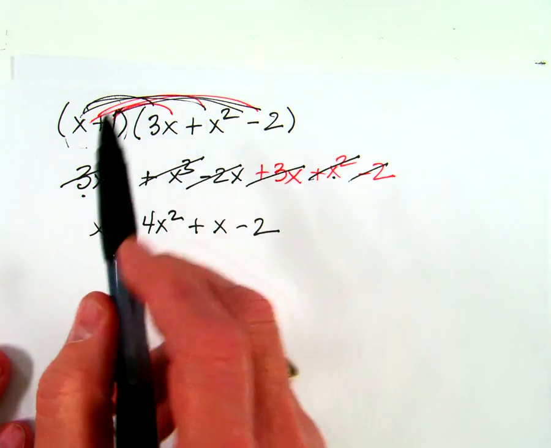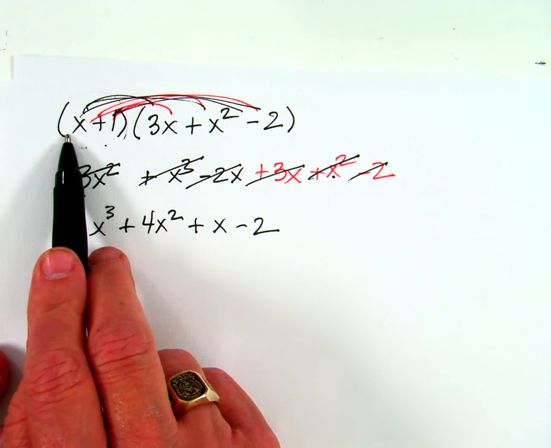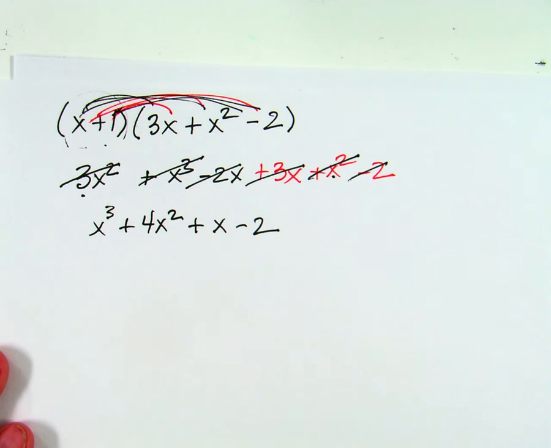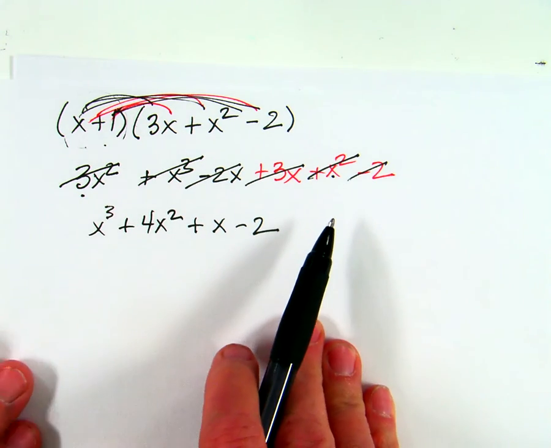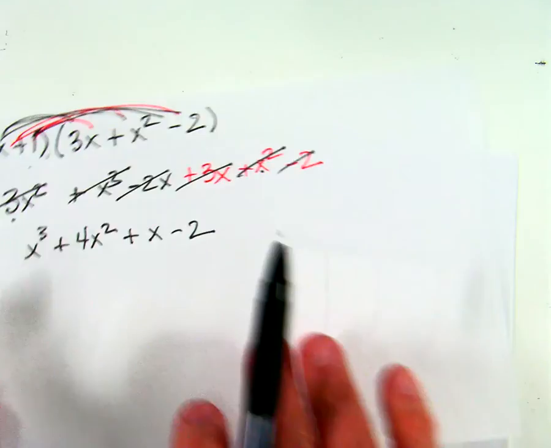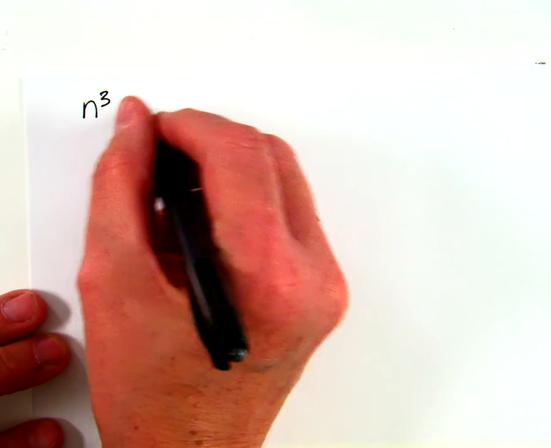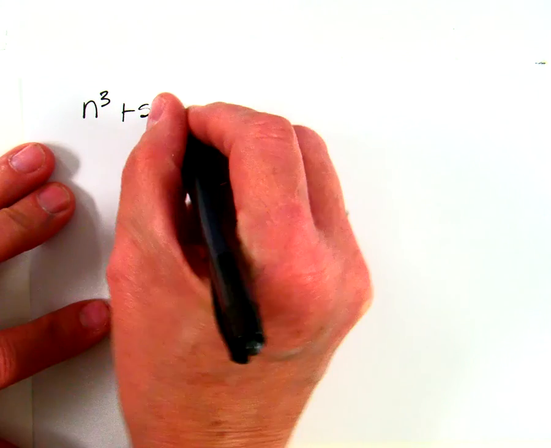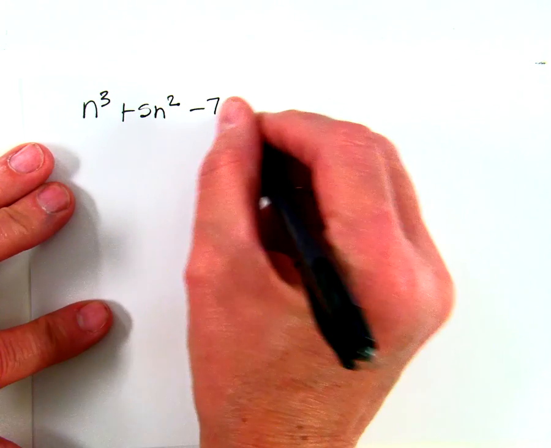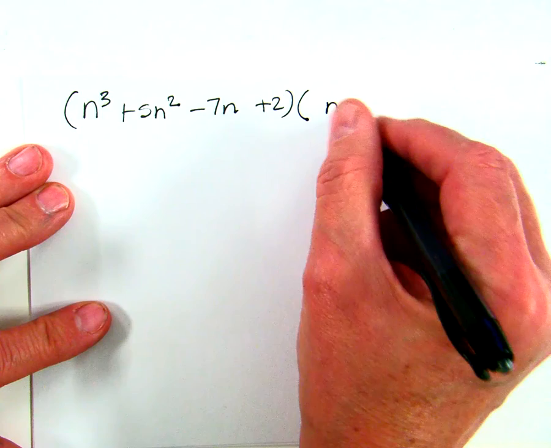Again, we'll multiply one group by each item in the other, and then resolve it out. Combine our like terms. Here's a messy one, and this is all horizontal. We're going to try it vertically. I'm going to do n cubed plus 5n squared minus 7n plus 2 times n plus 3.